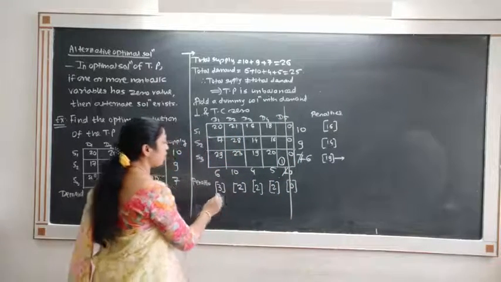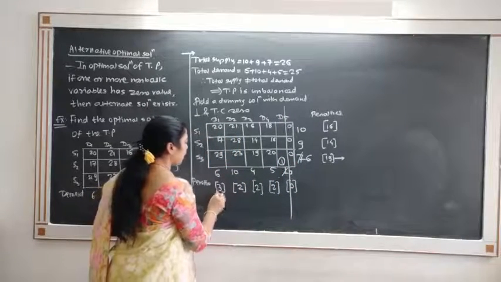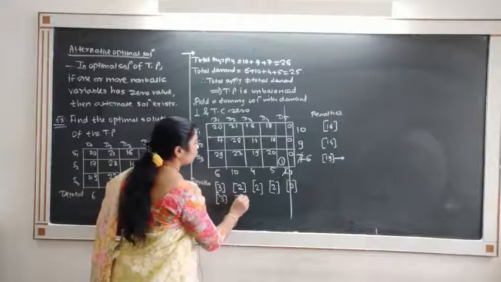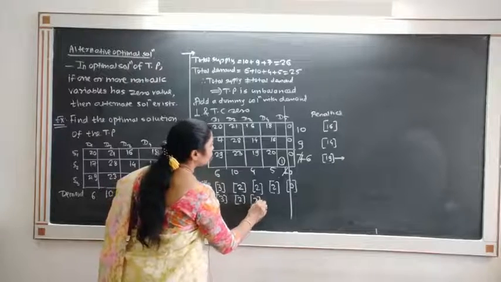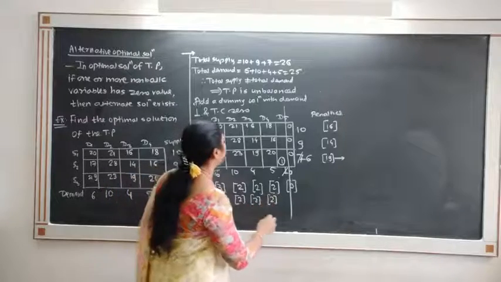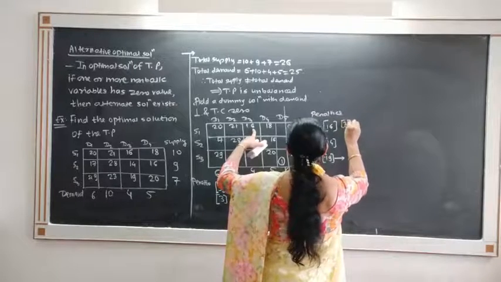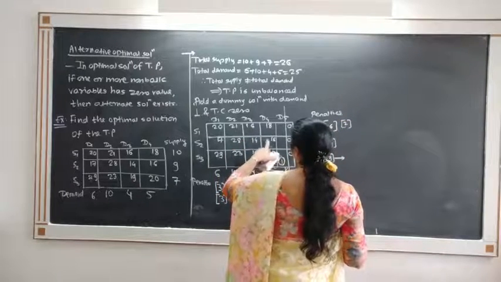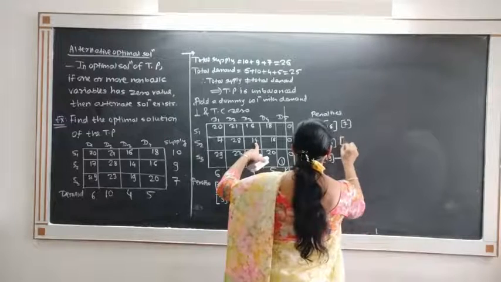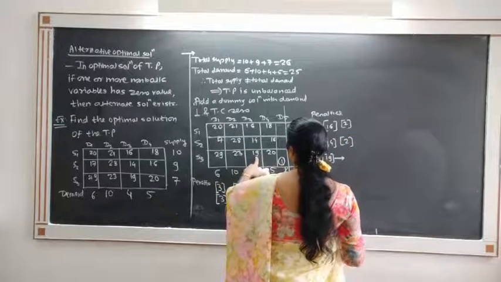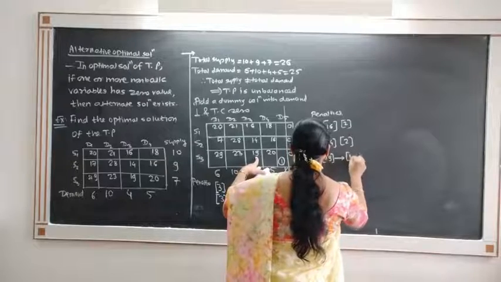Now in the remaining, again find the penalties. In this column the penalty is 3, 2, 2, 2. 18 minus 16, 2. 16 minus 14, 2. And 20 minus 19, 1.